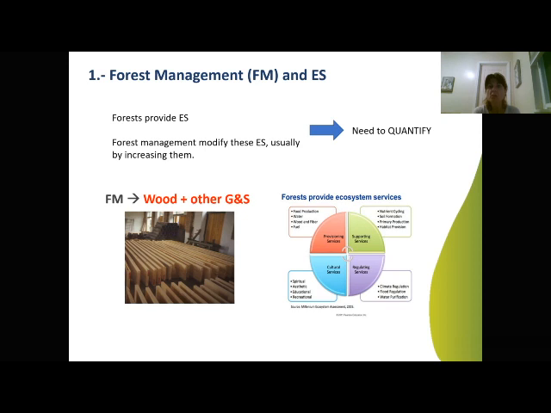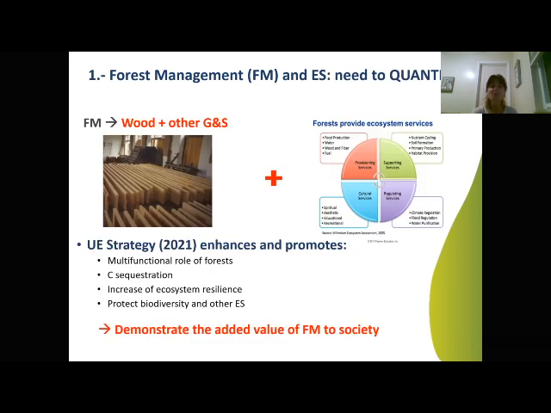And in this project, we think we need to quantify, we need to put numbers here. Of course, for many years, we've known, when you manage a forest, how much timber you can obtain, how much cork, how much biomass. But we need to put numbers on the rest of the ecosystem services provisioning in order to enhance the multifunctionality roles of forests and, from our point of view, in order to demonstrate to society the added value of this forest management.